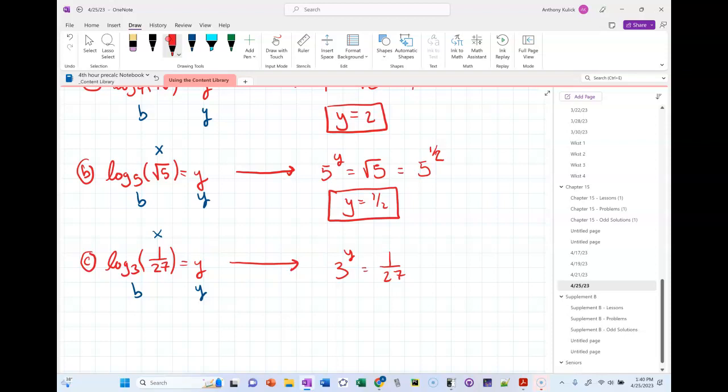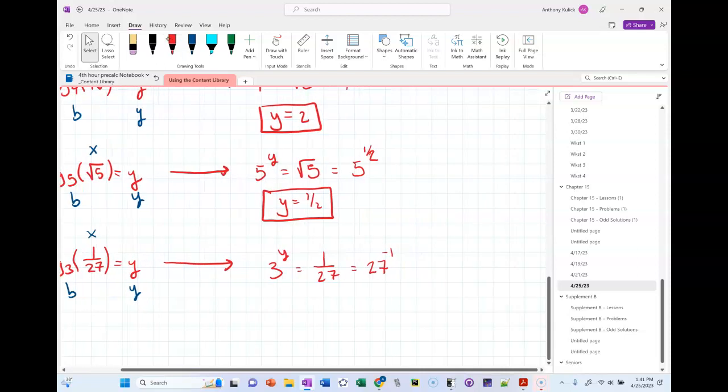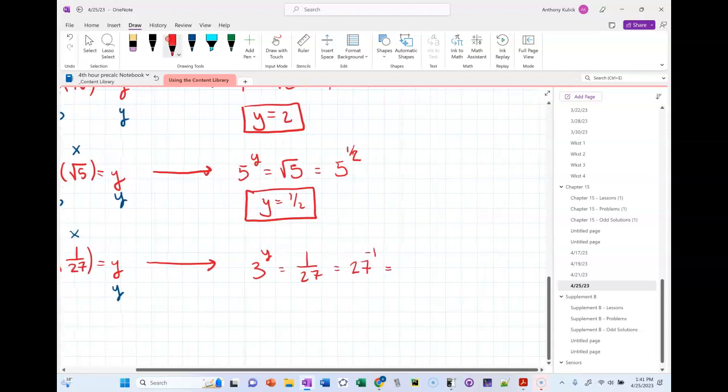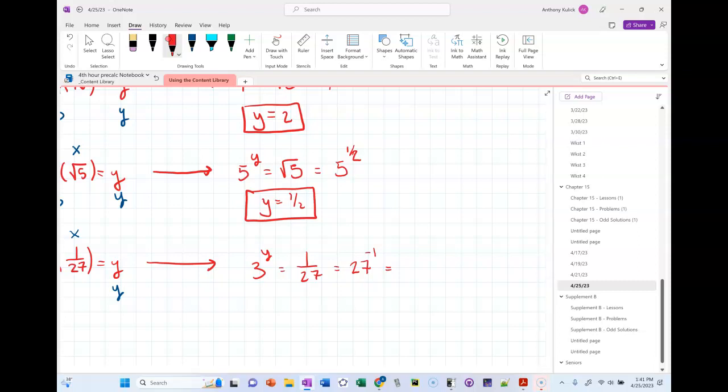The first thing I notice is that on the left-hand side of my exponential equation, I have a whole number, and on the right-hand side, I have a fraction. Well, I know that if I have 1 over something, that means I had a -1 exponent because that makes a reciprocal, right? Is everybody okay there? And now, can I rewrite 27 as a power of 3? That's 3 to the third.